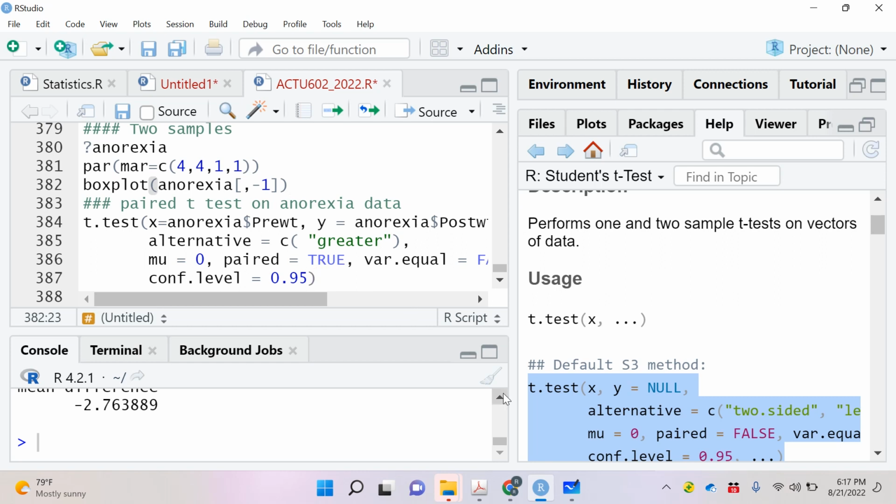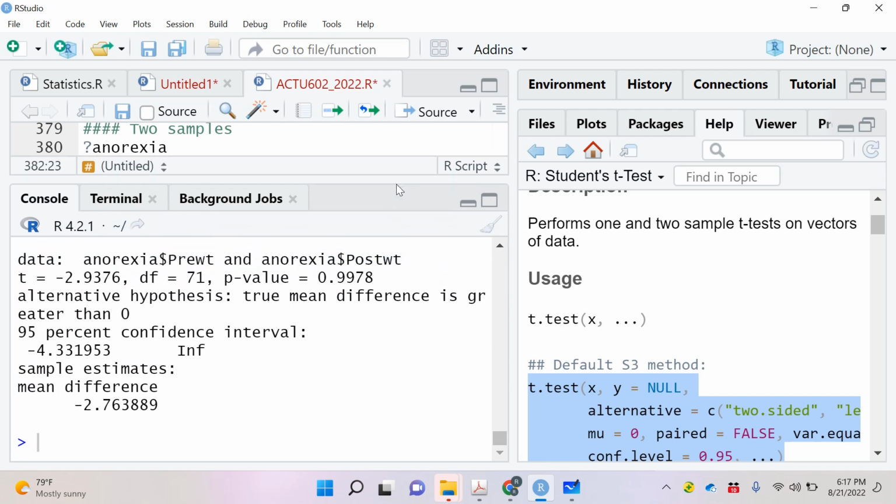So, okay, is it okay? Can I move on? Okay, so now let's see how we interpret this. Our p-value is 0.99. So what is our decision? What is H naught? What does it mean in practical terms?